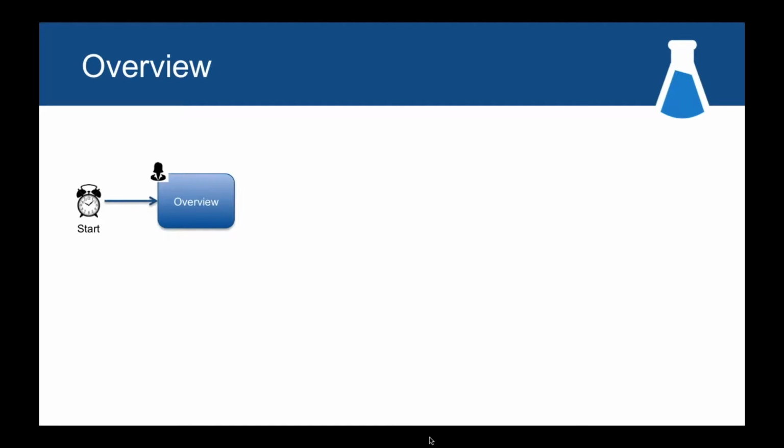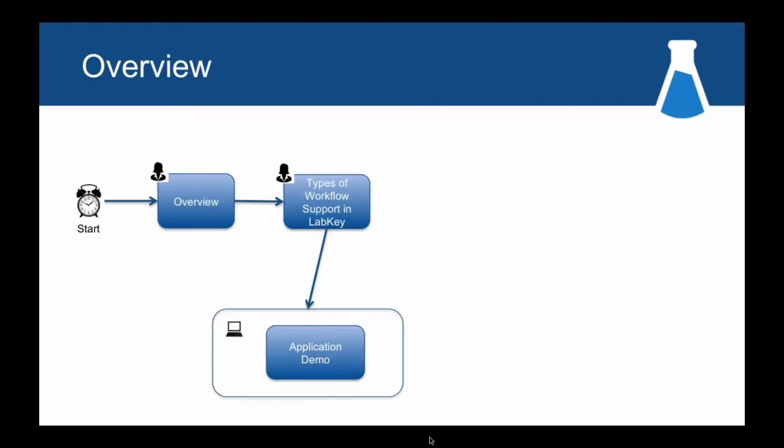So just to give you an idea of how this talk will flow, we started with the timer, and now we're at the overview. And then, as I said, I'm going to go over the different types of workflows that are currently supported in LabKey, and that will be illustrated with a couple of demos on my local server.